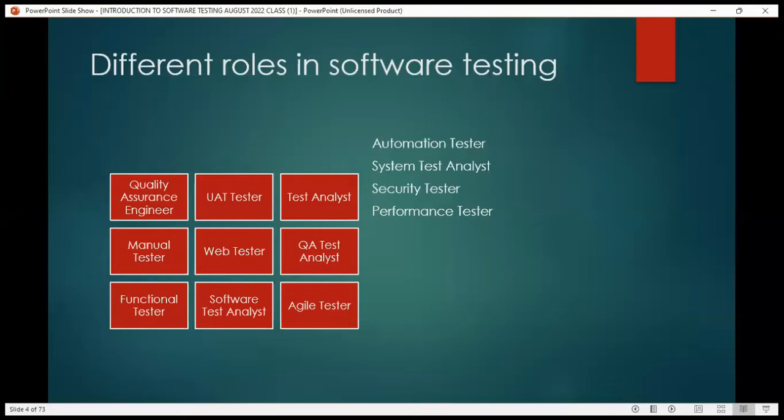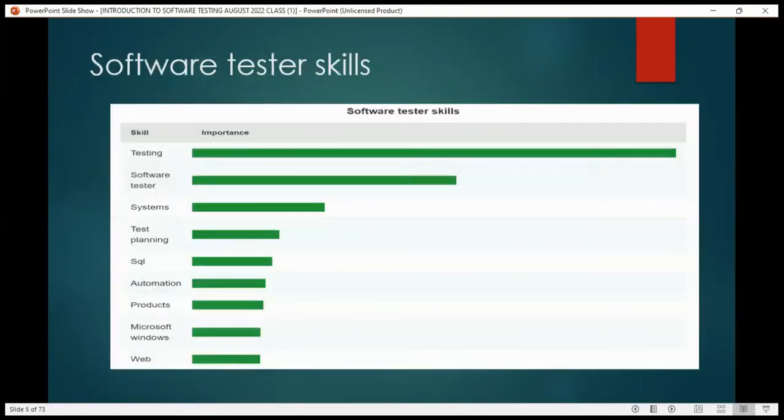I can have 10 names, but I'm still Yemi. So these are the skills that are expected of software testers. The major power there is that we are testing. That is our job, to find bugs, to test any product or system that we are given.